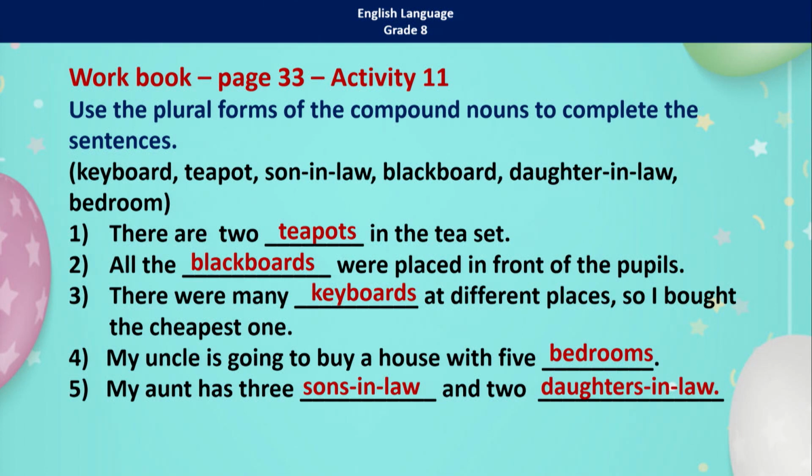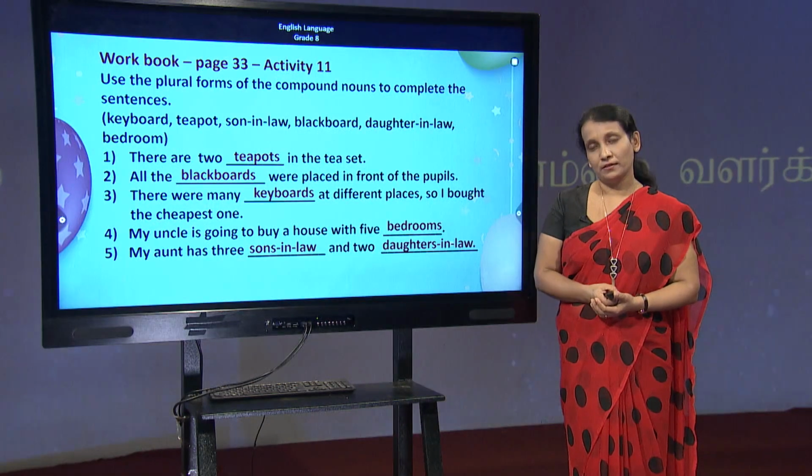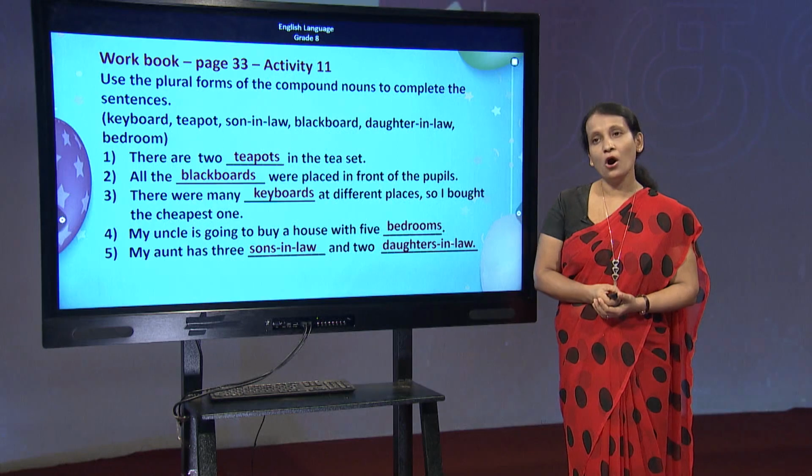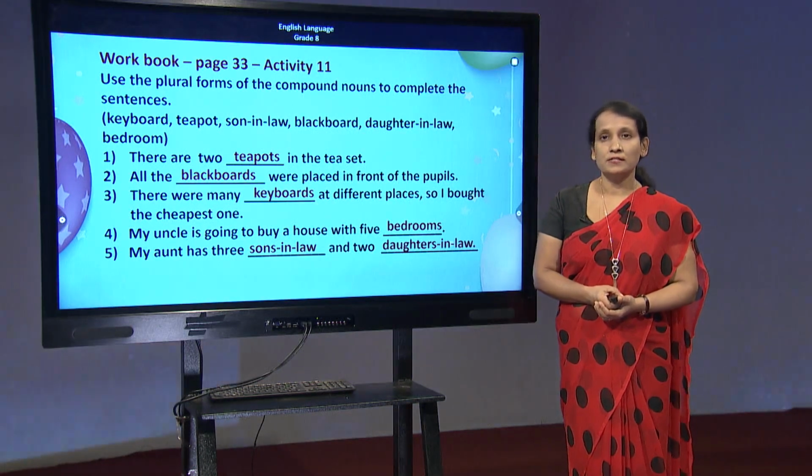Remember children, when we are forming the plural of a hyphenated compound noun, we have to add an S to the main word, just as in sons-in-law and daughters-in-law. Right children, we'll read the sentences once again.